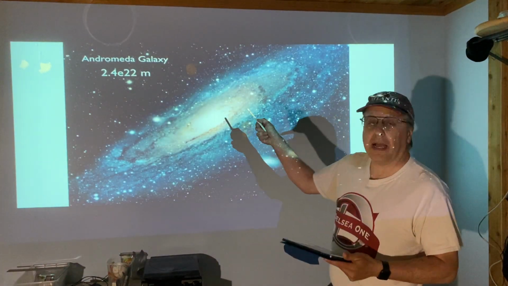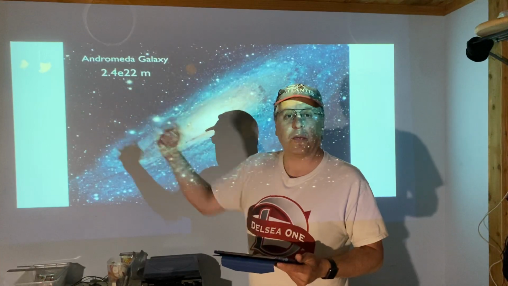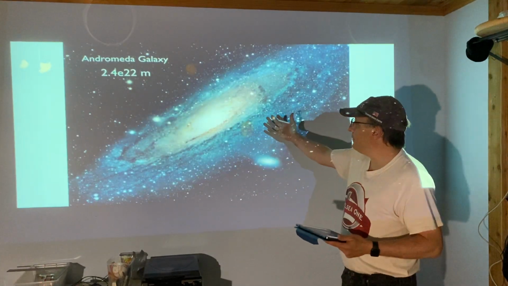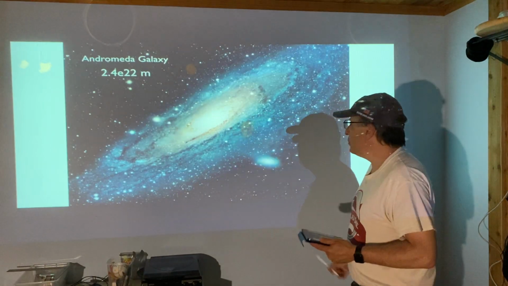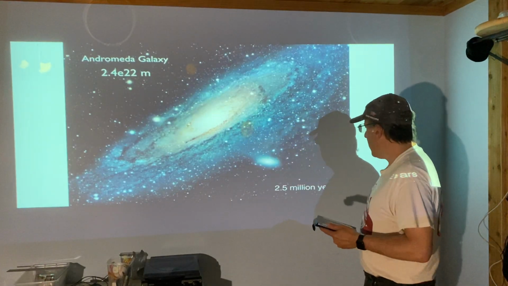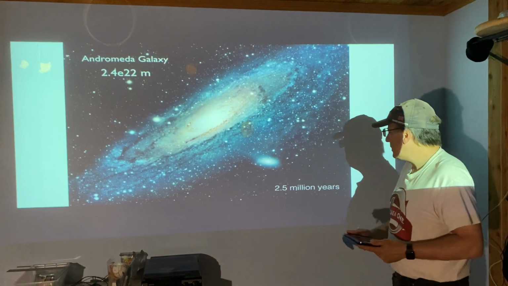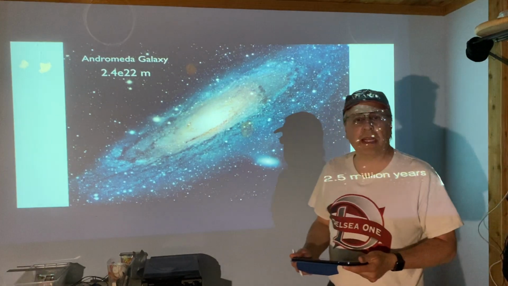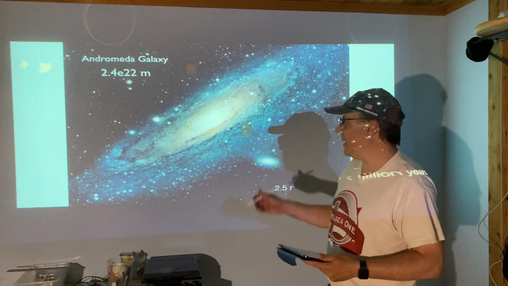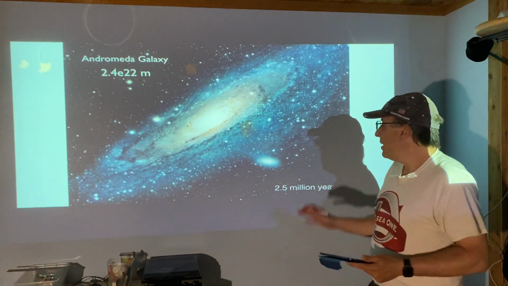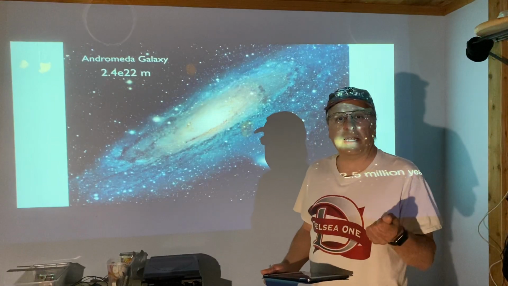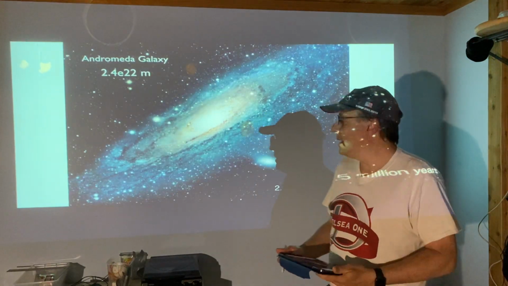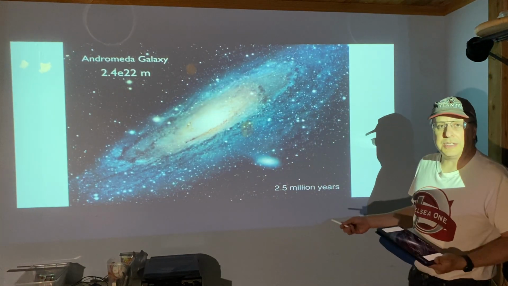I also want to remind you that when you see things that are very far away, it takes a lot of time for the light to come to where you are so that you can see them. So with the Andromeda galaxy, I was telling you guys, it takes light 2.5 million years to get to the Earth from the Andromeda galaxy. Sometimes they'll refer to these as light years. Light years is actually a distance. It's the distance light travels in a year.